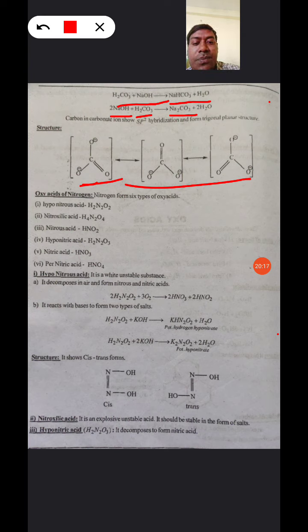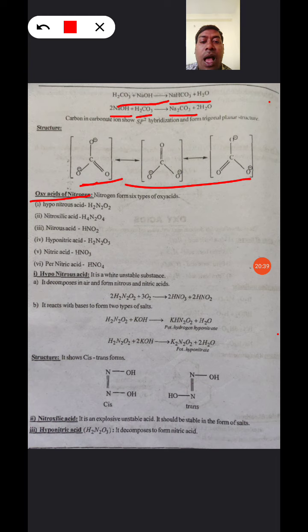So the next, oxy acids of nitrogen. Here nitrogen forms 6 types of oxy acids.